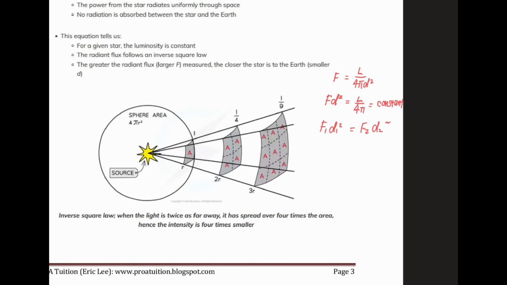So now let's say my d1 is equal to r, and the radiant flux intensity is equal to F. At d2 equal to 2r, I try to find out when the distance becomes 2r, what will my radiant flux intensity be?